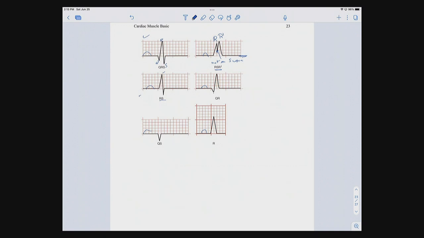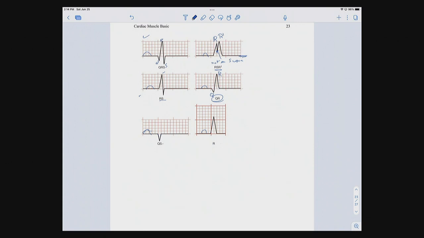Over here, we have a Q, and we have an R. But again, it doesn't deflect down below the baseline, so you would simply refer to this as a QR wave. And the one down here, we have one sole deflection downward, and they just simply call this a QS wave.